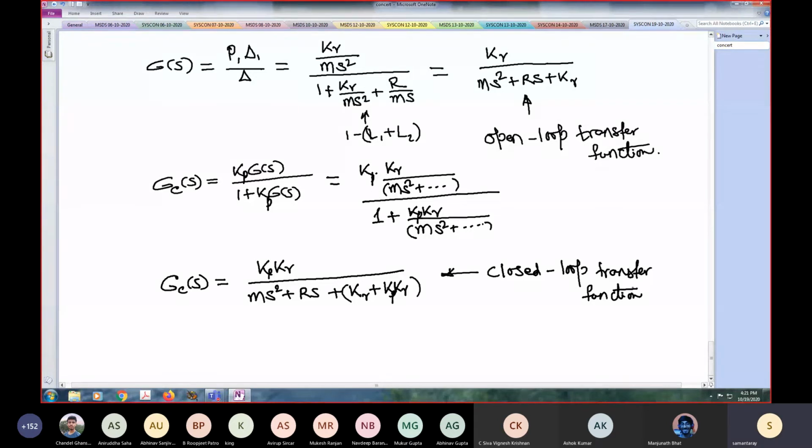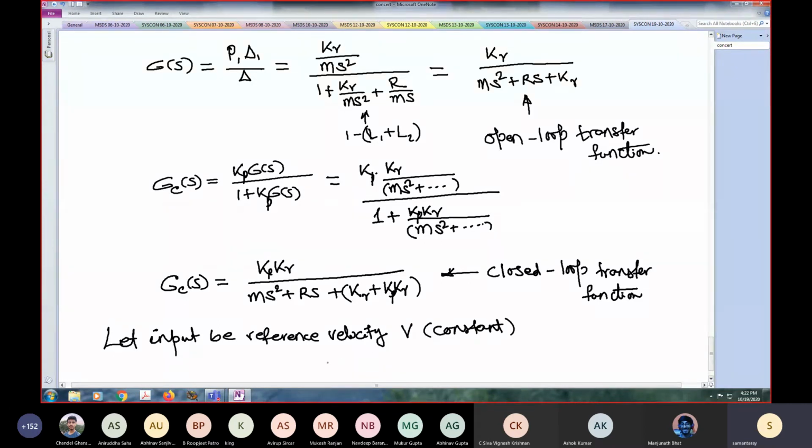So let's see what will be the input. Let the input be reference velocity V, which is constant.